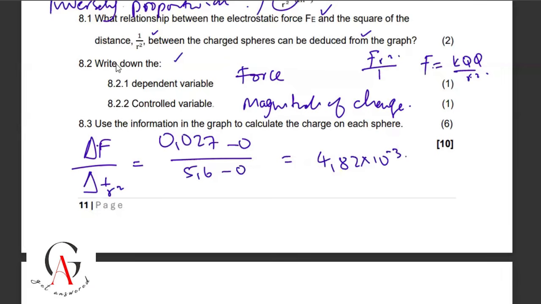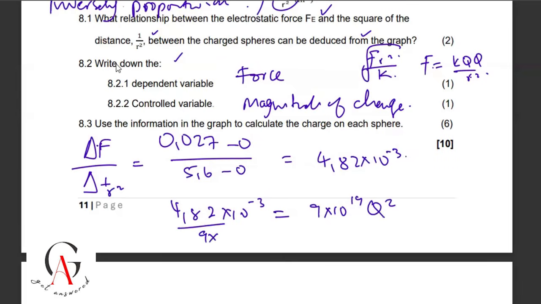You have to divide by the K and then find the square root. Okay. So what is it going to become? It's going to be 4,82 times 10 to the negative 3 is equivalent to 9 times 10 to the 9 with a Q squared. So divide by 9 times 10 to the 9. And then let's get the square root. So meaning that Q should be 7,32 times 10 to the negative 7 coulombs.